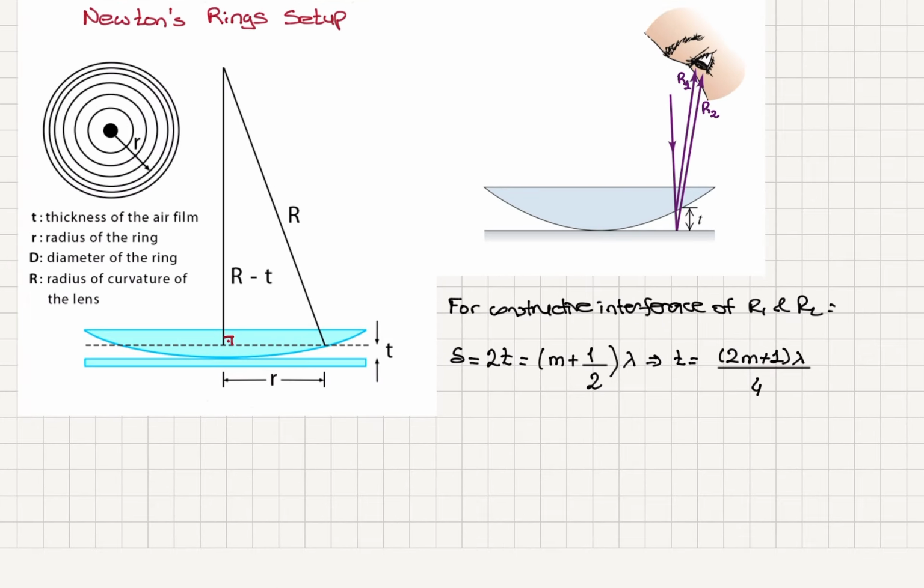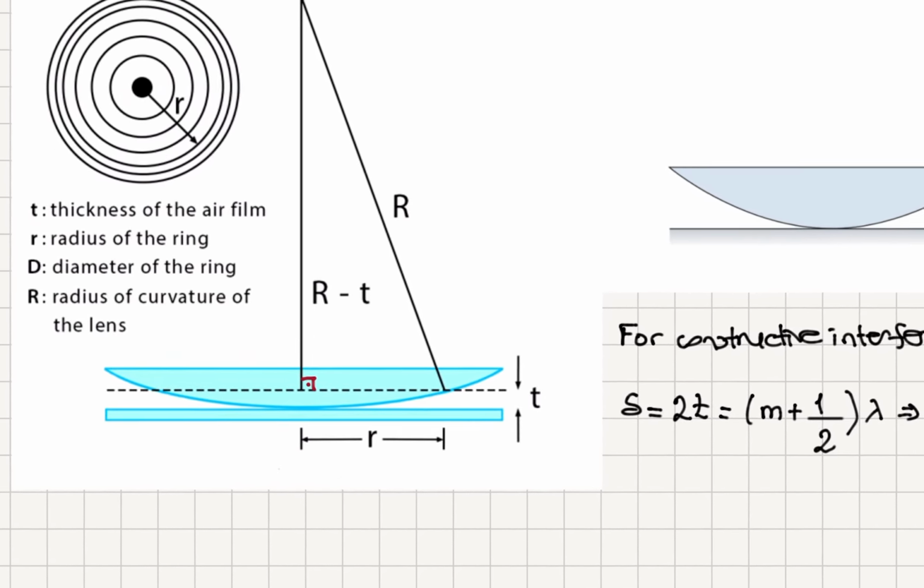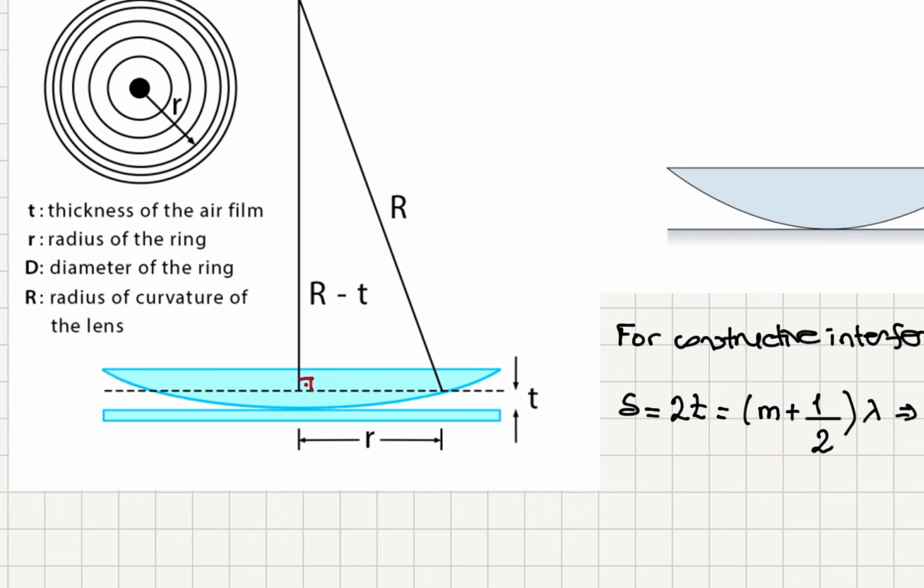Okay. Now, if I look at the geometrical construction here, I have this radius of curvature, capital R, and this is the distance I travel in the air medium, that's t. So you can see this part is going to be capital R minus t. So I have this right triangle.